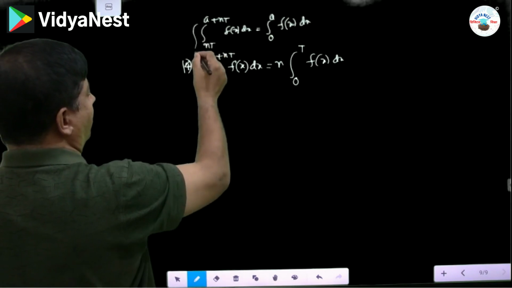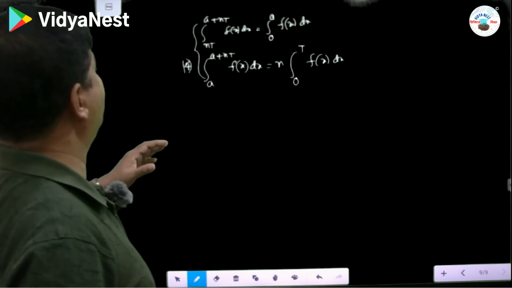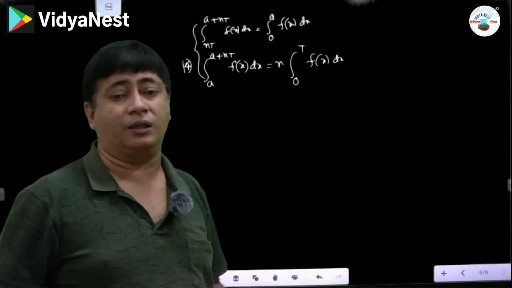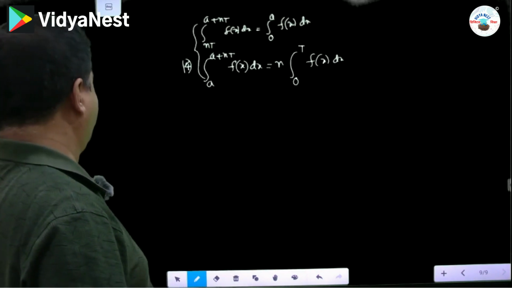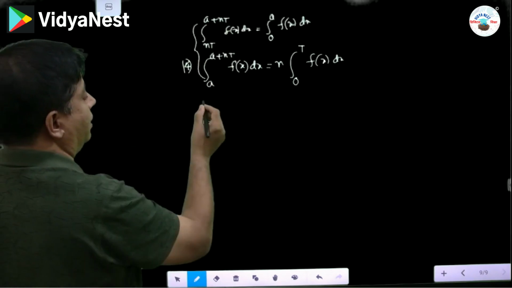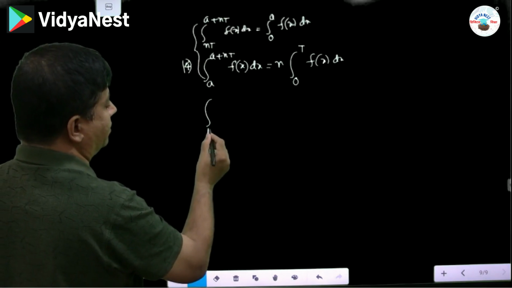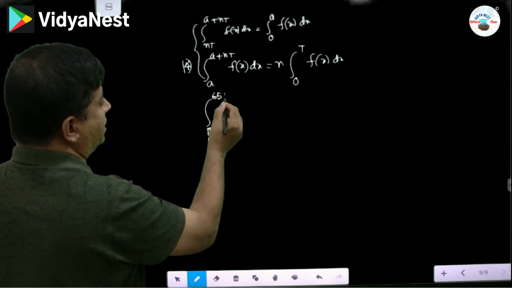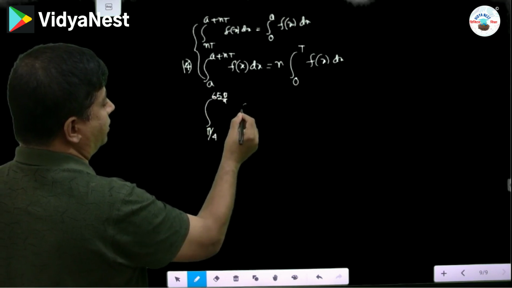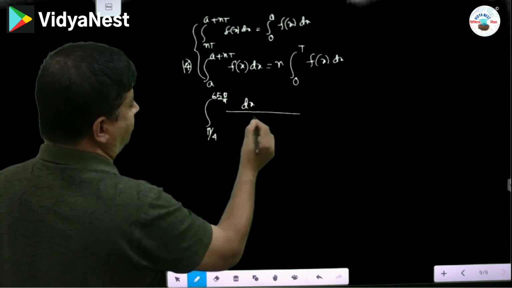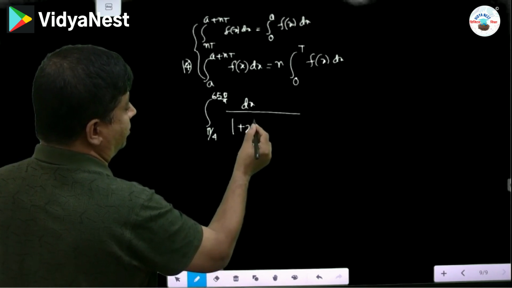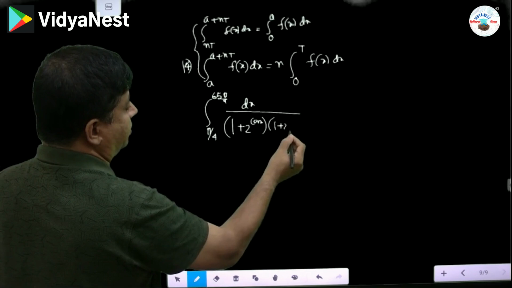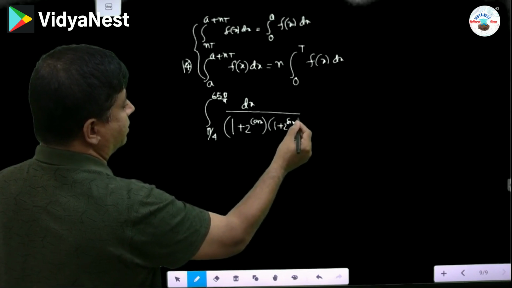Now this is the combination of property 13 and 14, the sum which we are going to present now. Now see, there is a sum like this: pi by 4 to 65 pi by 4, 1 plus 2 to the power cos x, 1 plus 2 to the power sin x.